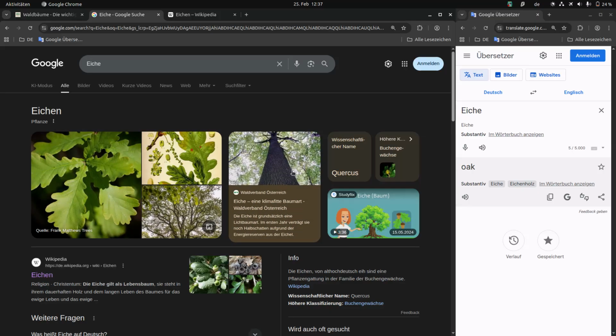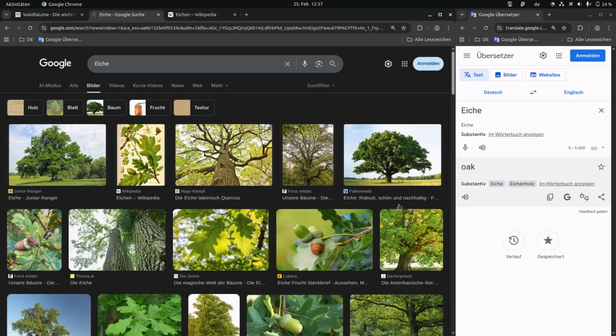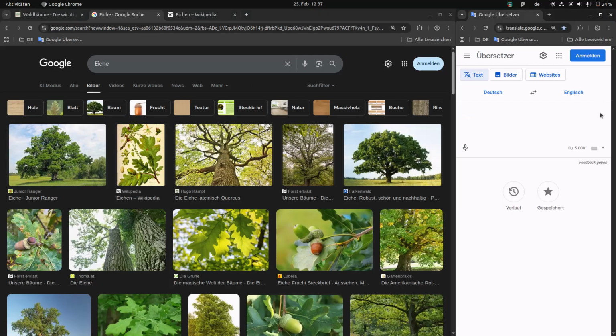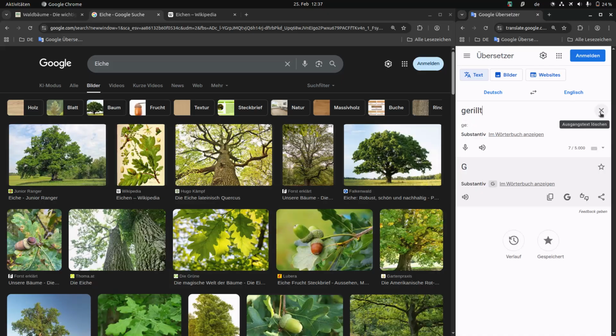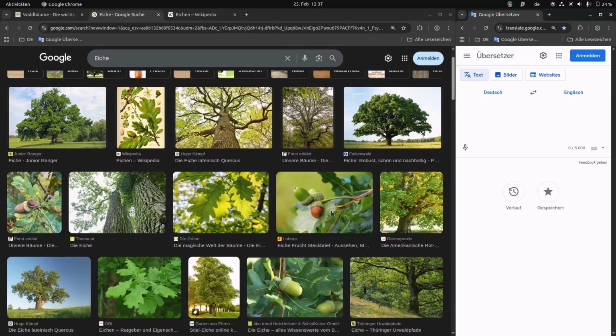They have this also very typical bark, which in German we call, I would say, gerillt. It has deep grooves basically. And it has of course these Eichen in German? I don't necessarily know. Acorns.